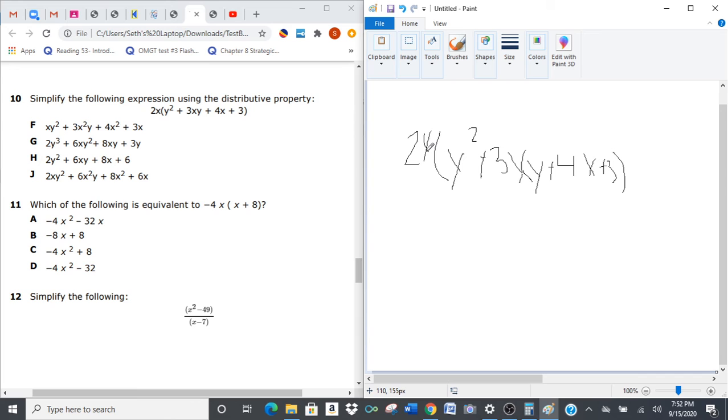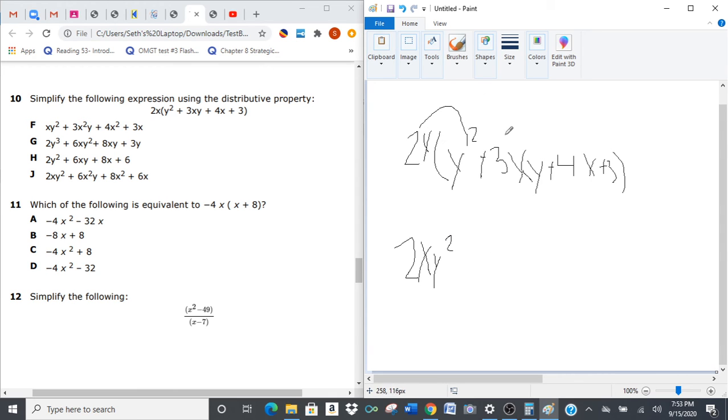All right, so this is all you do. 2x times y squared. Well, there is no number, and there's no x in the y squared, so you can just keep the 2 and the x, and just add the y squared to it. So now it's 2x y squared.